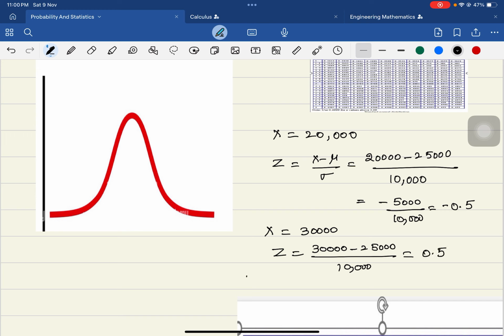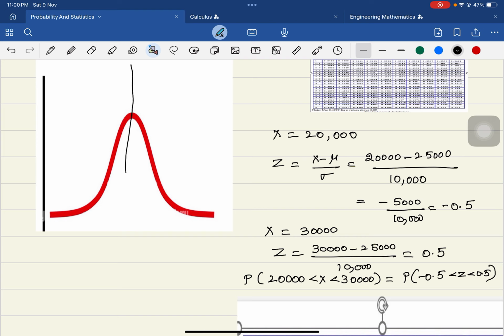Correct. So the probability of the normal variable, 20,000 less than x less than 30,000, is given by the probability of minus 0.5 less than z less than 0.5. So let us now look at these values here.